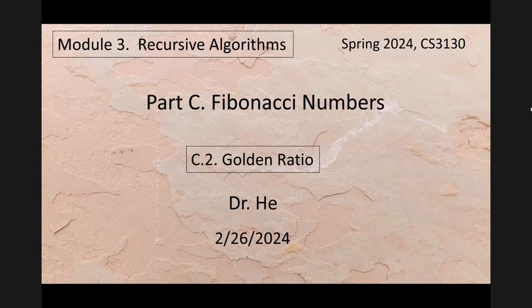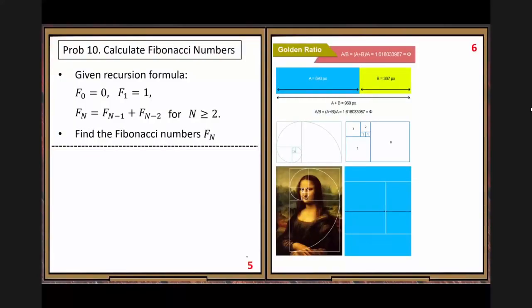So let me introduce this golden ratio. How to define golden ratio. Because this number is so special, it is closely related to painting, artists.